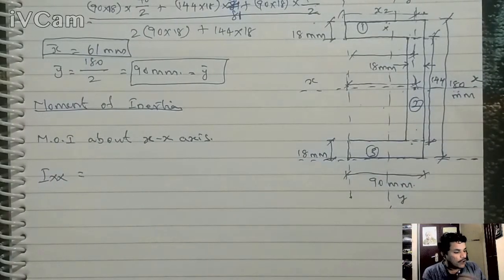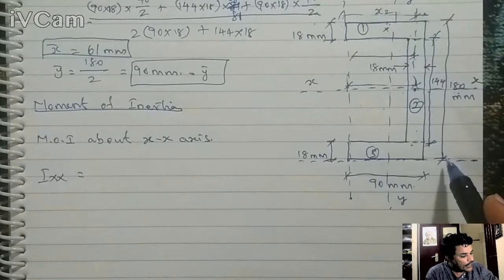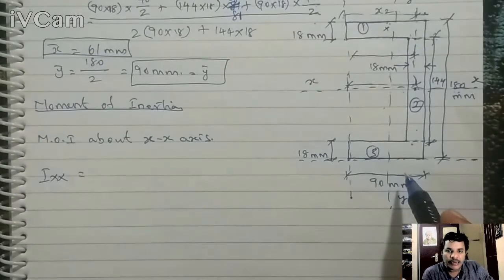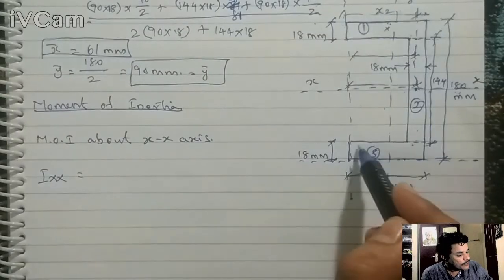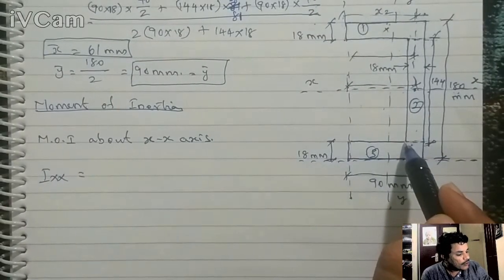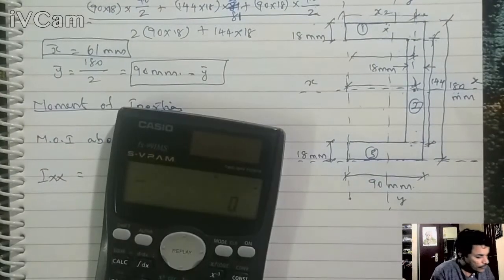I am considering this 180 by 90 as a big rectangle. And from here to here, 72, sorry, not 81, 72.